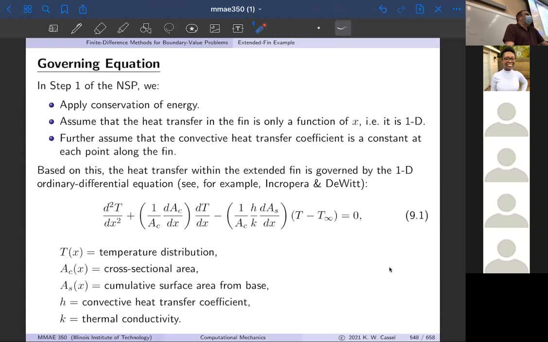What goes into determining H? A whole host of things. It depends on the shape, depends on the flow of the air or the liquid or whatever it is that's doing the cooling. It depends on the properties of that fluid. So H encompasses a lot of different information.